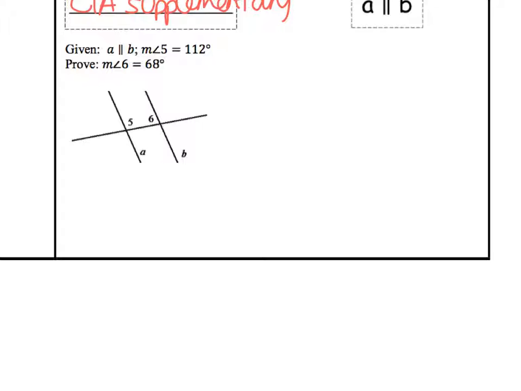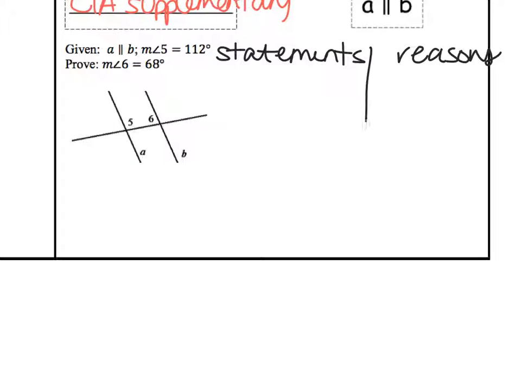You should have your statements and reasons. We're doing a 2-column proof. We'll do more practice with this tomorrow, but today I want to get the notes done so you have them. We are given that A is parallel to B and that measure of angle 5 is 112. Let's mark that in the diagram.